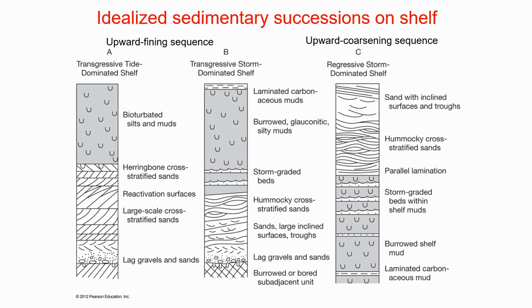Therefore, we see from the bottom a conglomerate deposit, lag gravels and sand, those are from near the shore marginal marine deposit, and then transition to the tidal flat and the offshore mud deposit.